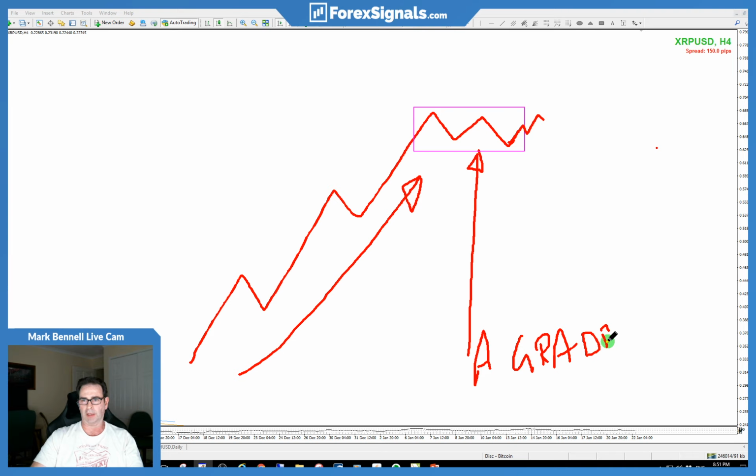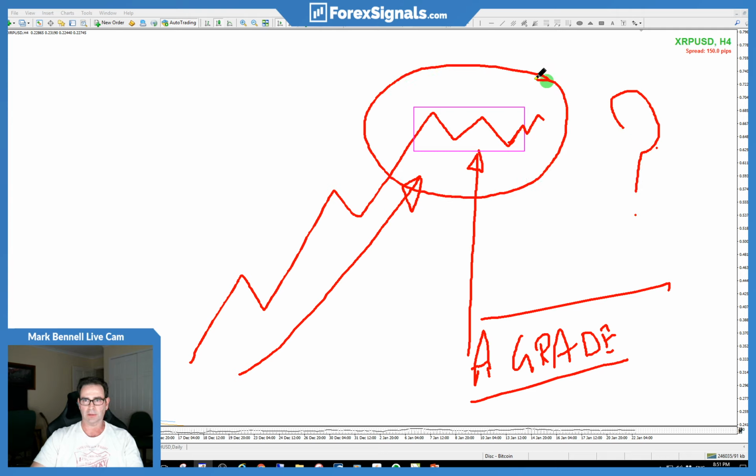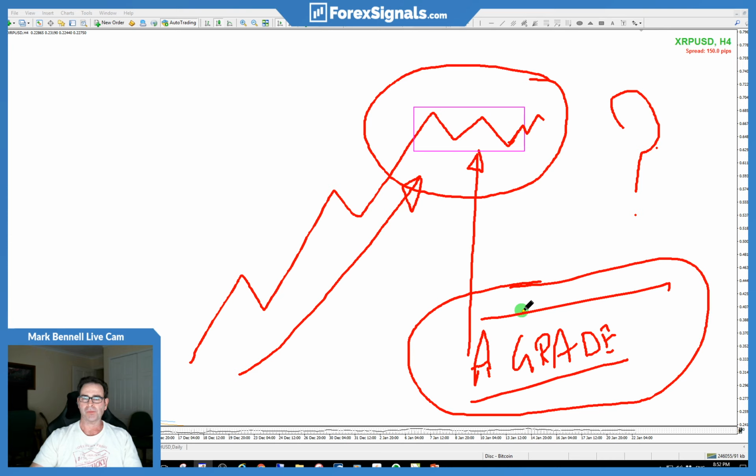So it's an A grade trade. We are almost good to go. What's the next thing that is just as important as this? So we've got our A grade setup. We've got our impulsive move or our trending price action into it. What is just as important as our setup now?